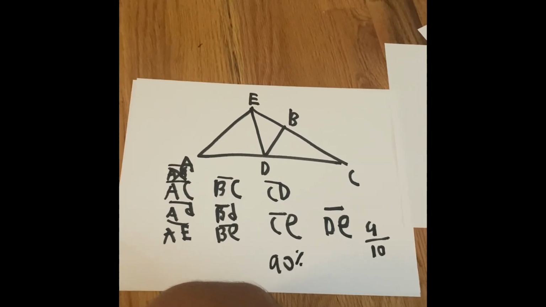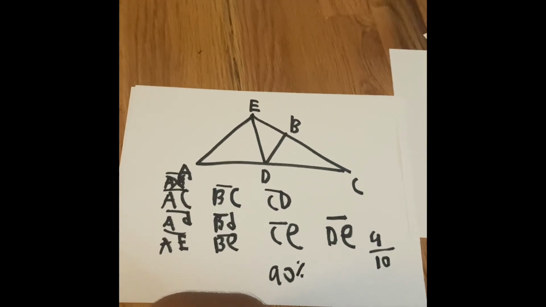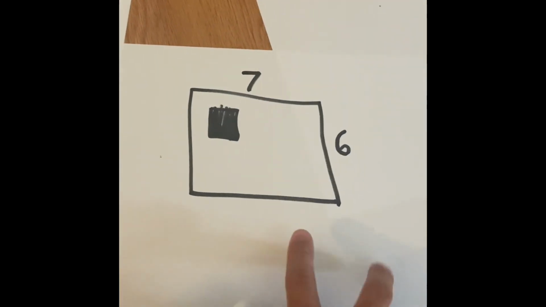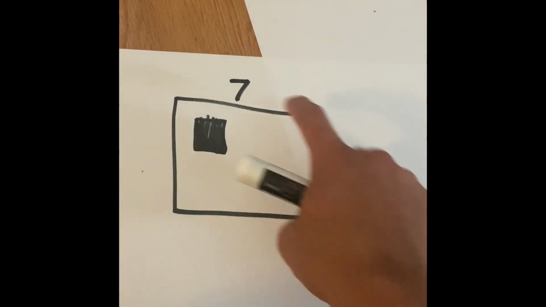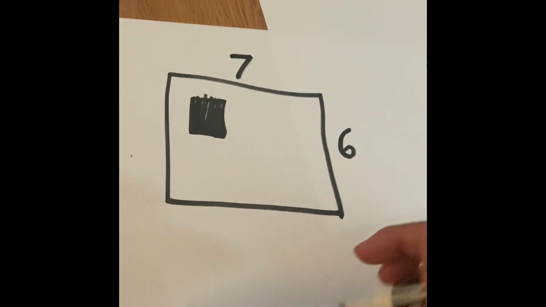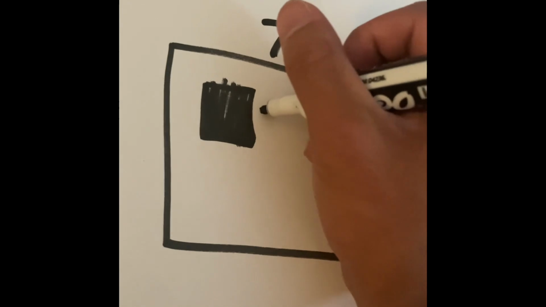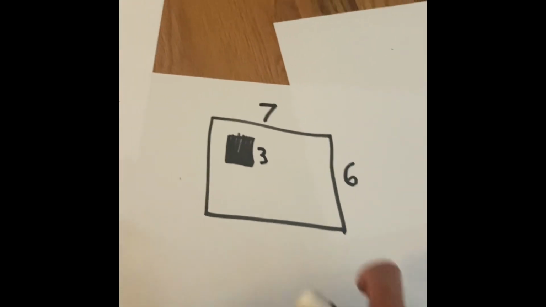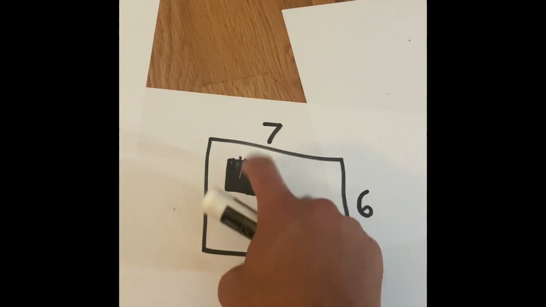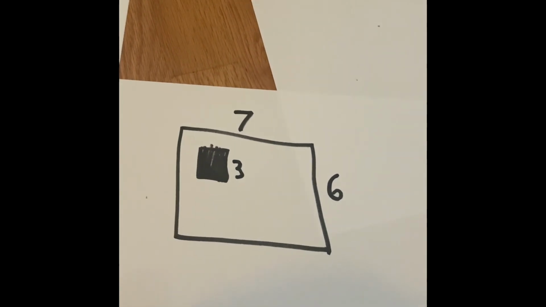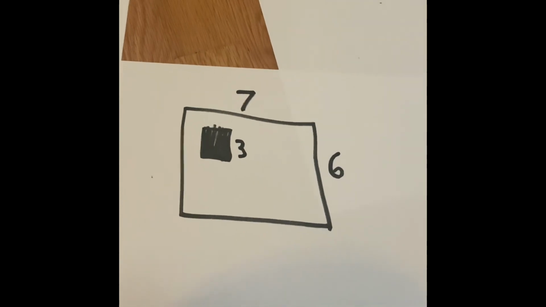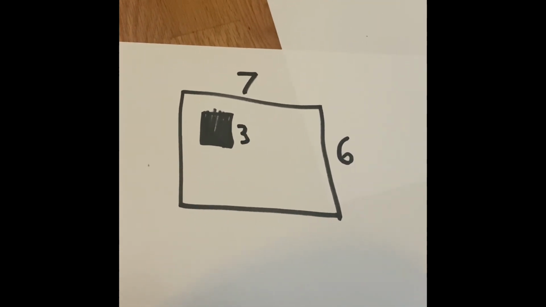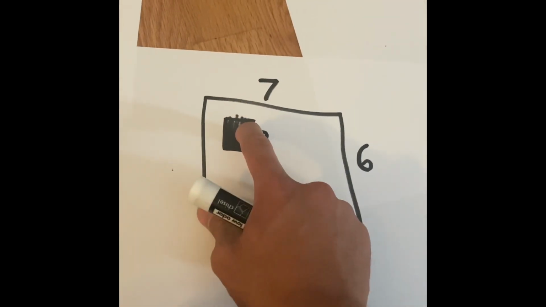Other times we can say there is a target at this figure right here, and the entire figure is 7 times 6 as a rectangle, and we have this square that is 3 by 3. What is the probability of the arrow hitting the shaded area? If I launched a bow and arrow, what is the probability of it hitting the shaded area?